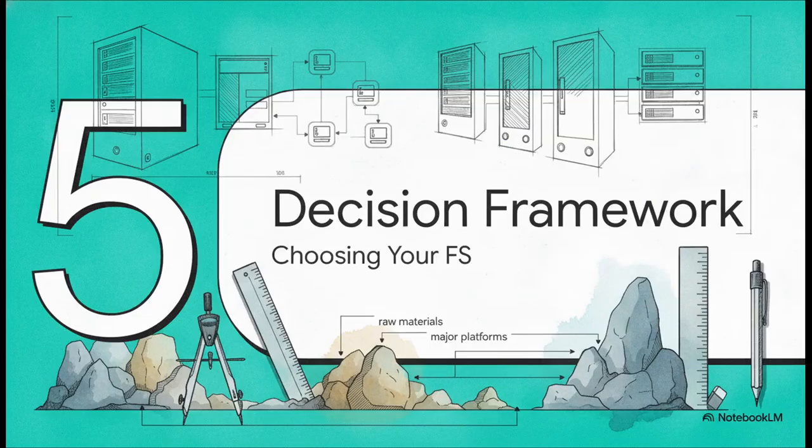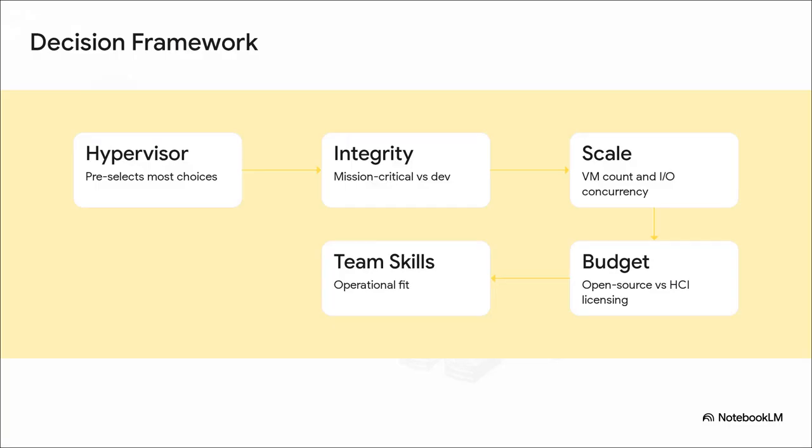All right, Section 5, the ultimate decision framework. So how do you actually choose? Well, this 5-step mental checklist proves there really is no universally best file system. Step 1 is simple. Your hypervisor often locks in your choice. vSphere needs VMFS. Hyper-V loves ReFS. But beyond that, you have to map your choice to your data integrity needs.